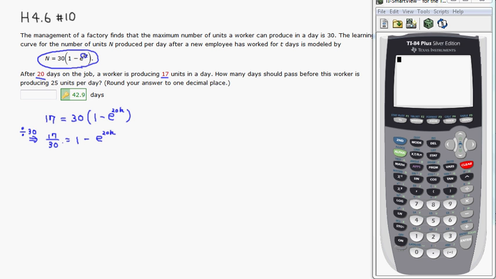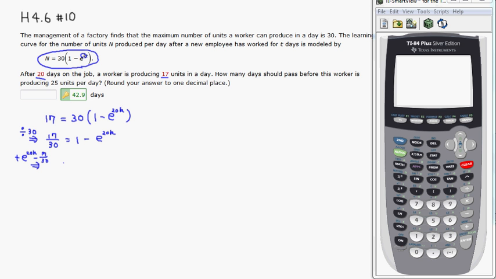Then I'm going to switch: move the exponential function to this side and 17 over 30 to the other side. So we add e to the 20k and subtract 17 over 30 from both sides.